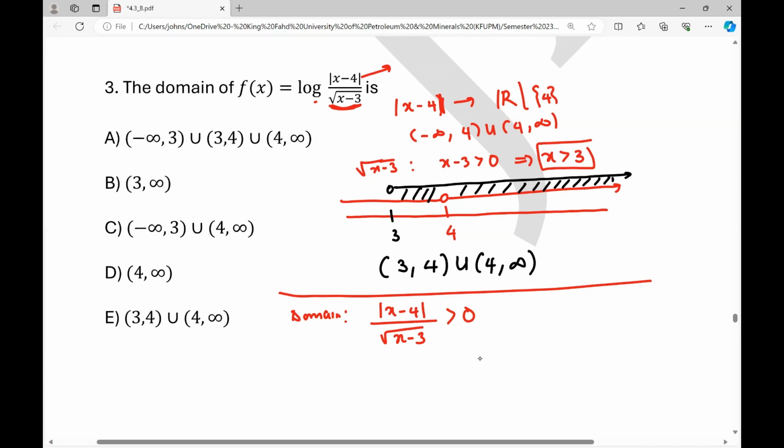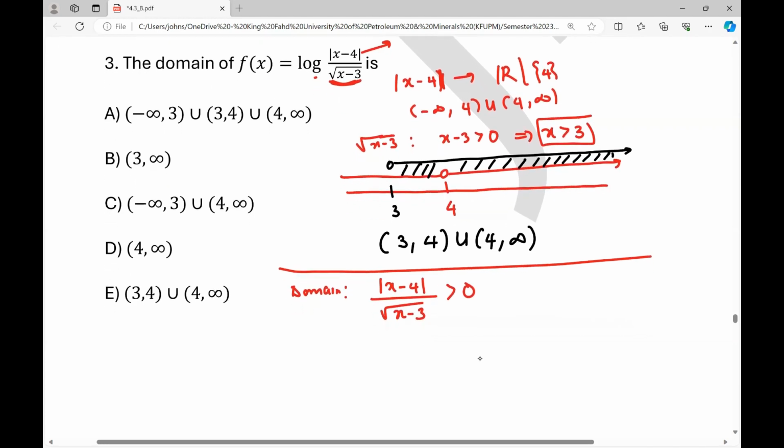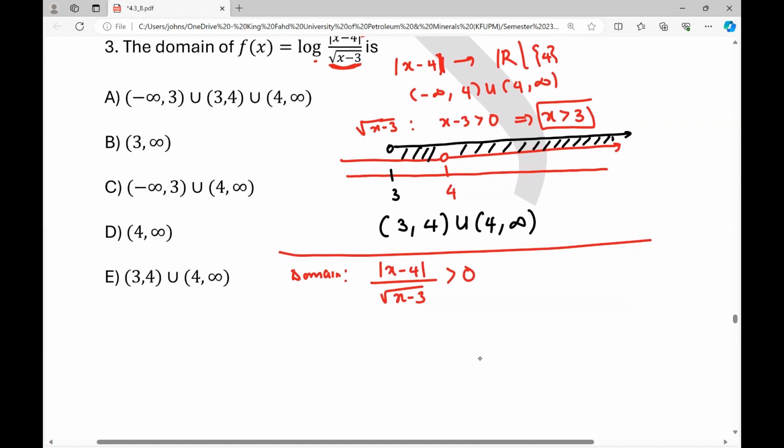So we can use the idea of the rational table. We can have something like this. What are the zeros of the denominator? We can have 3 coming from the denominator and 4 coming from the numerator. And all of them have to be open, right?